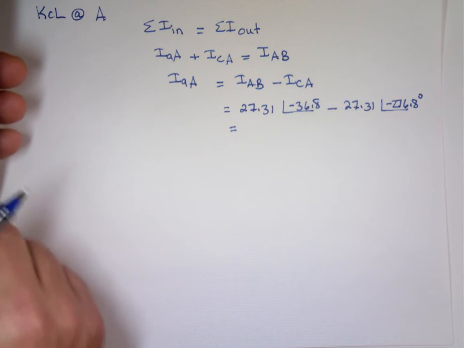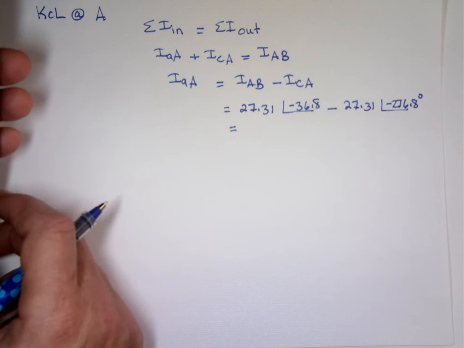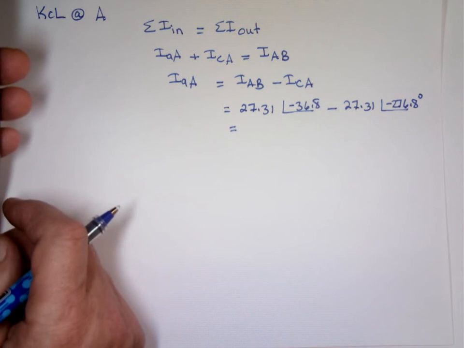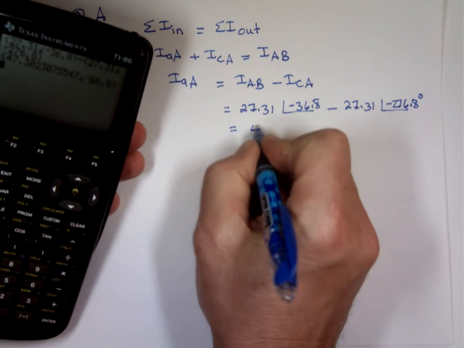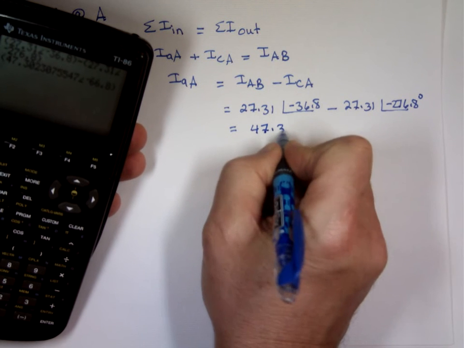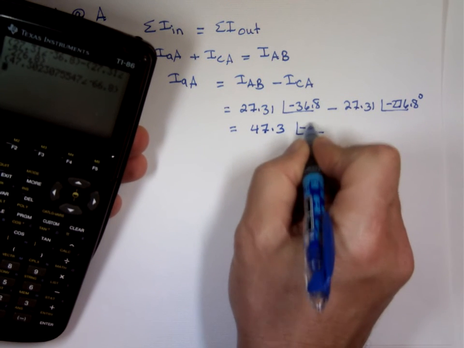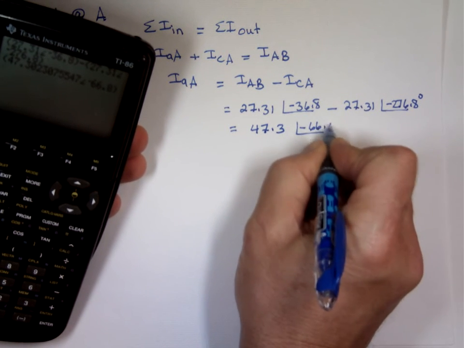I'm really struggling with the calculator putting numbers in it today. But I got 47.3 angle negative 66.8. This is the current from A to A.